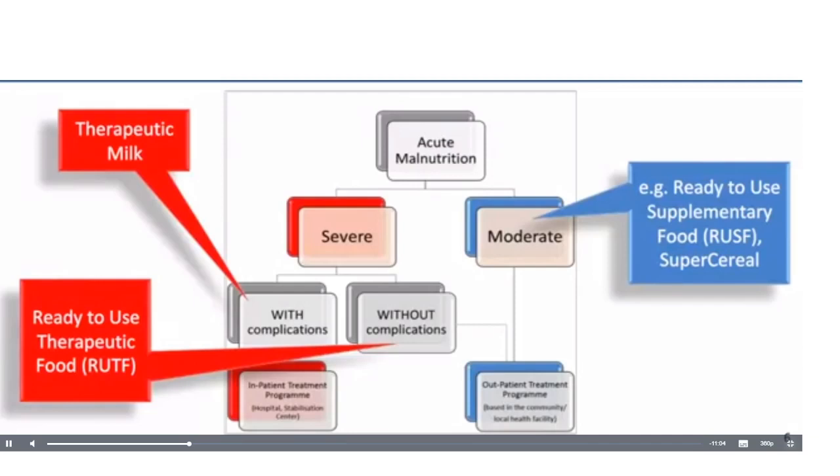In case of severe malnutrition with complications, when the patient becomes really unwell, we have to use therapeutic milk, and usually this patient should be hospitalized. The detailed guideline about the treatment of patients we will discuss in the next part of our lecture.